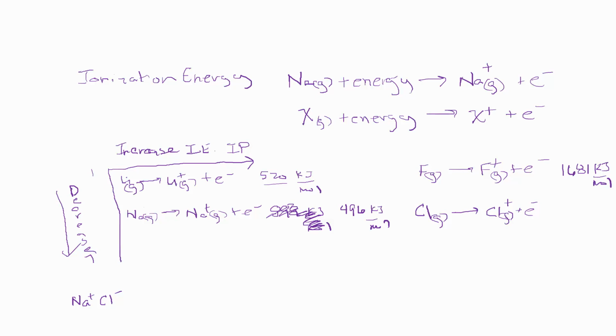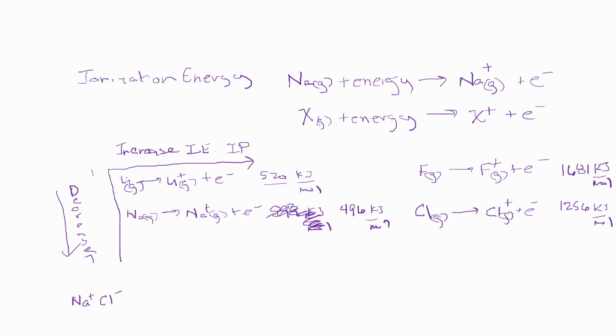All right, its ionization energy is about 1256 kilojoules per mole. Less than fluorine. Why? Well, chlorine's got an extra shell around it.